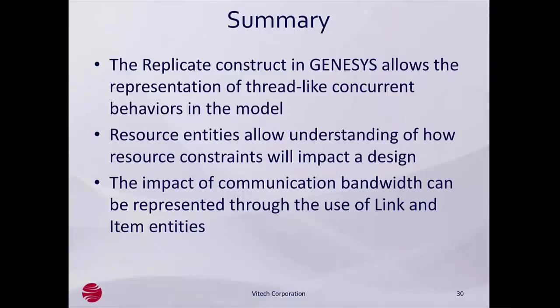In addition, we have seen how the use of the resource entity allows us to understand how resource constraints will impact our design. We are able to see if alternative architectures offer us a better solution. Finally, we have seen that by using the rich set of attributes and relations for item and link entities, we can understand the impact of communication bandwidth constraints on our solution architecture.